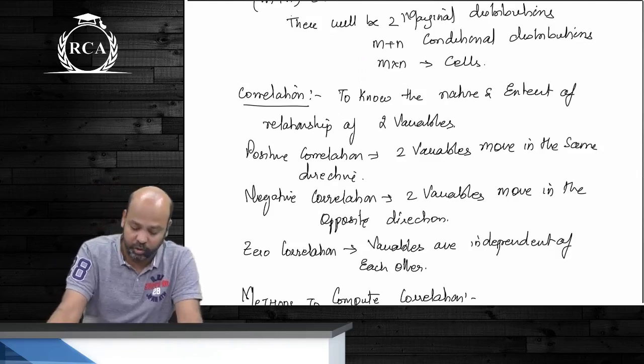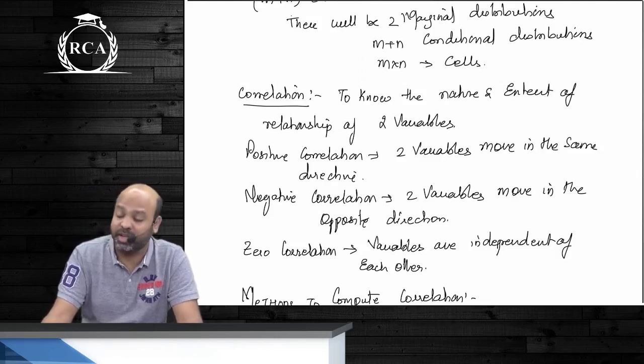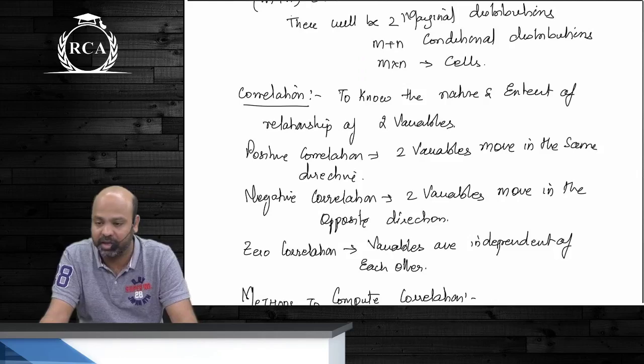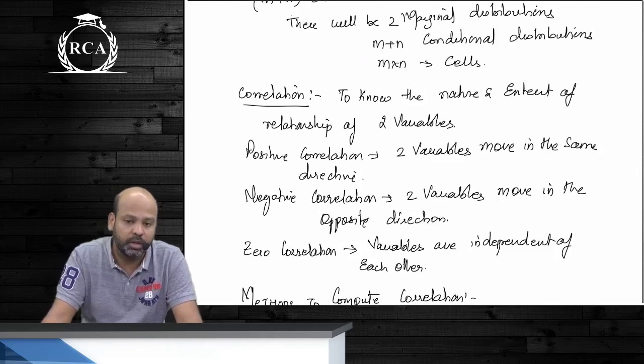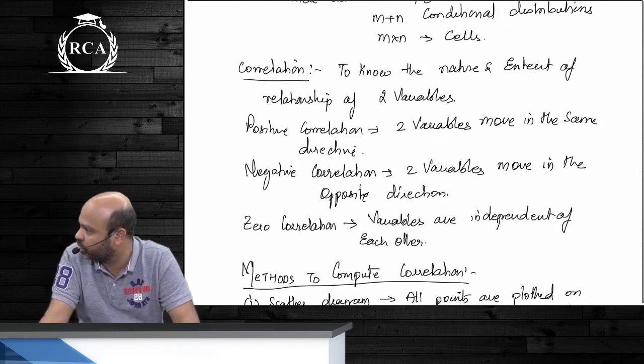For positive correlation, what were the examples given? It can be the amount of investment and profit, or the amount of rainfall and the agricultural yield. For negative correlation, the number of claims and the profits of an insurance company, or demand and price. They also share a negative relation. Are we clear about this?